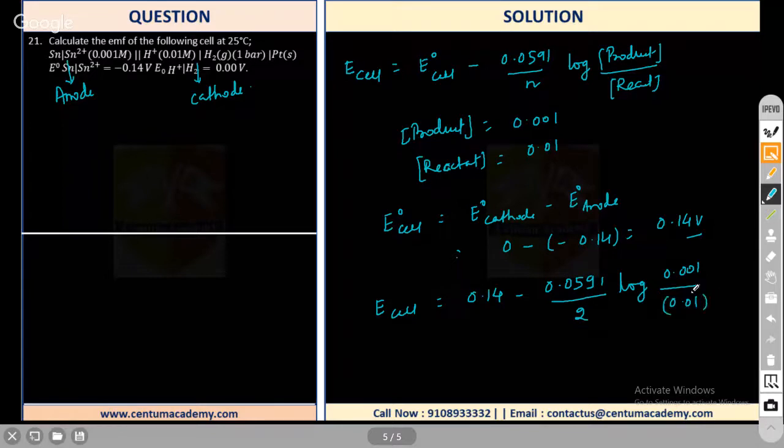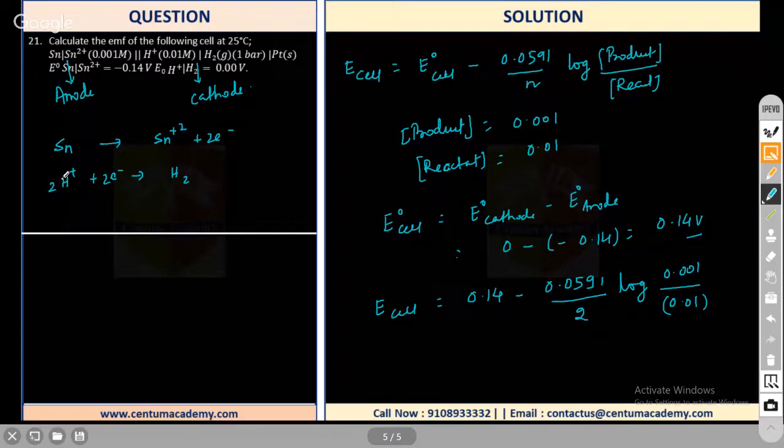But one thing you must take care of here: hydrogen has only one positive charge and it is plus 2. So when you write down the half cell reaction, which is nothing but Sn gives Sn plus 2 and 2 electrons, and here we have H plus plus 1 electron gives hydrogen H2. So we'll have to multiply here with 2, right? So we have 2H plus on the left hand side.